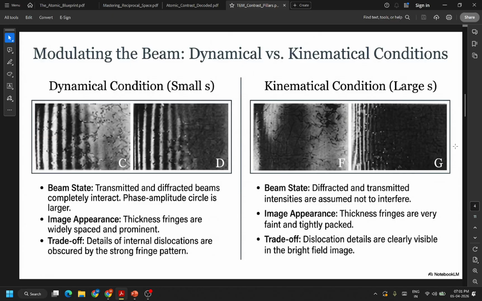So if we have small s, we have the dynamical condition. If we have large s, we have the kinematical condition. In the dynamical condition, transmitted and diffracted beams completely interact, and the phase amplitude circle is larger, so thickness fringes are widely spaced and prominent. But the trade-off is that details of internal dislocations are obscured by a strong fringe pattern.